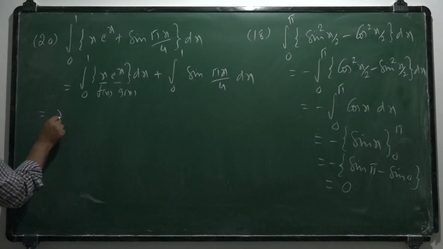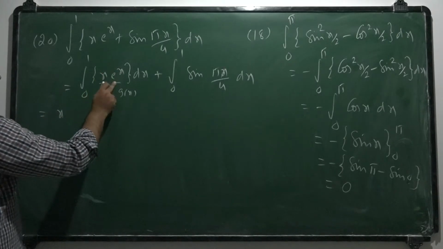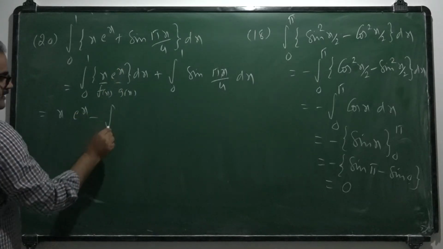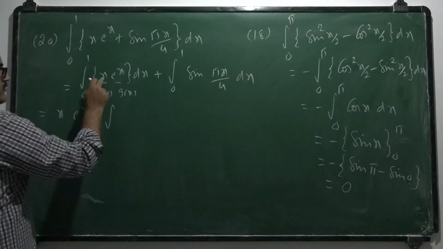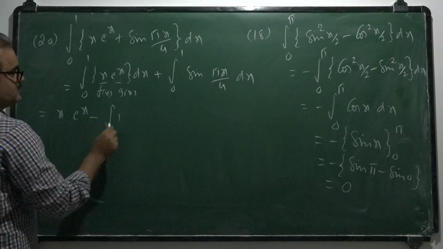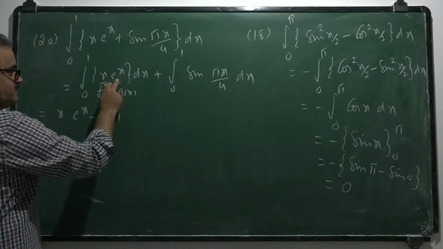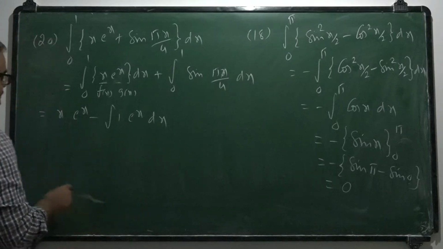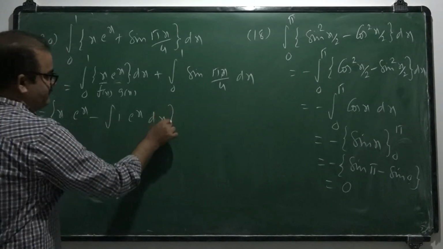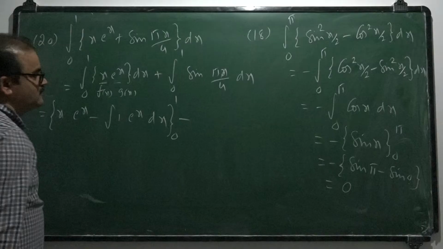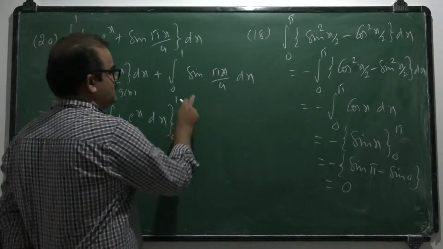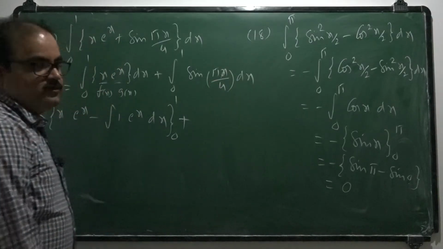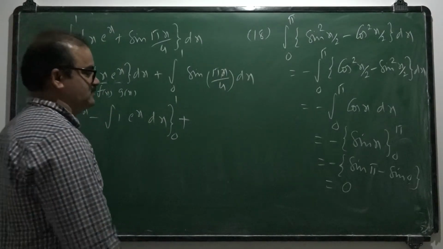First function x into integral of second function, integral e power x, minus integral of derivative of first function, that is 1, into integral of second function, integral e power x, that is e power x, dx. This is in between the limits 0 to 1, plus it is in the form of integral sin x dx. What is the integral of sin x? Minus cos x.